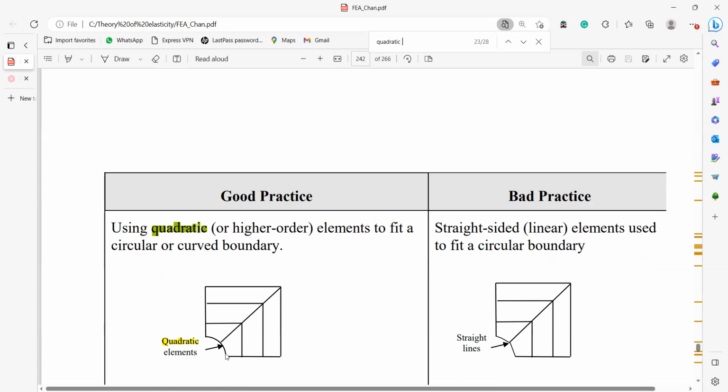You're approximating a circle to a hexagon or octagon. So 1, 2, it's an octagon. Whereas here it is a circle that is captured well. So for curved boundaries, the good practice would be to go for quadratic or higher order elements.